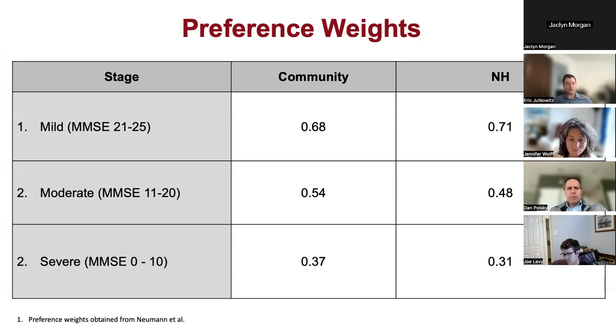Basically, they're trying to get at how much people prefer different levels of health, and that's then used to weight their overall quality of life. So I'm not sure if that does any justice to your question or helps you.